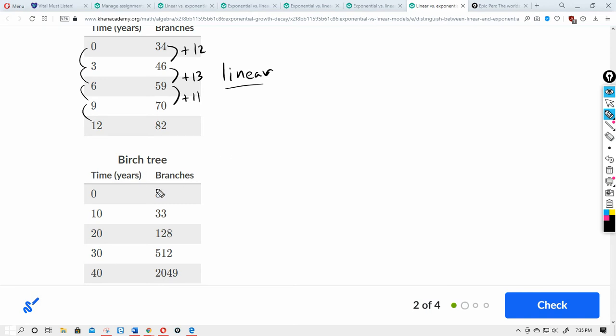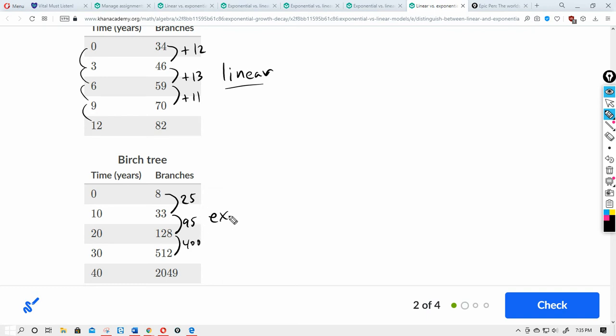But now we look at the birch tree. All right, 33 minus 8, that's 25. And then 128 minus 33, that's going to be 95. And this is almost 400. Okay, you can see it's not going up by the same amount each time.